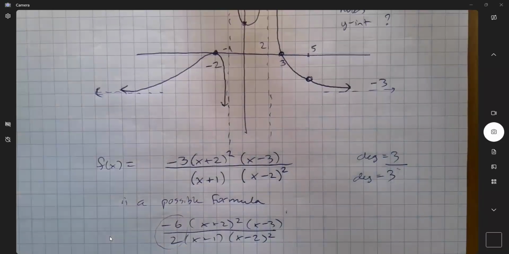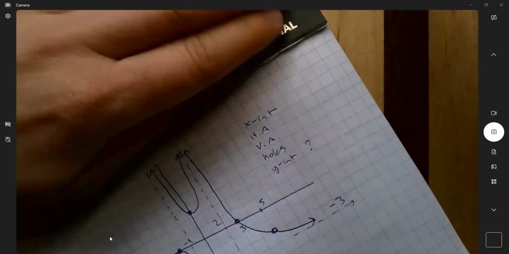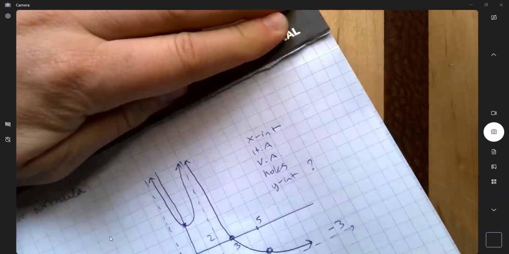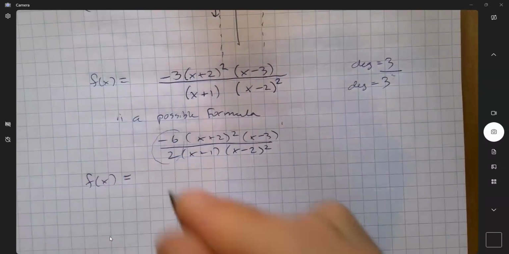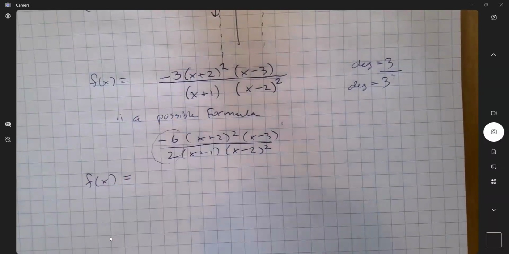Let's find out. I'll use the top formula.